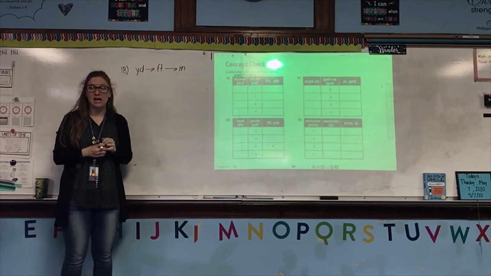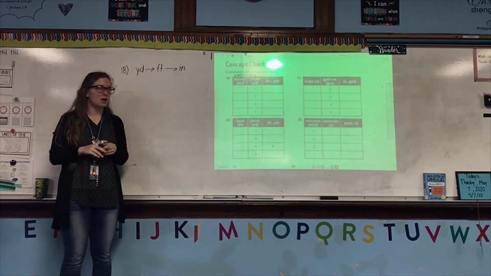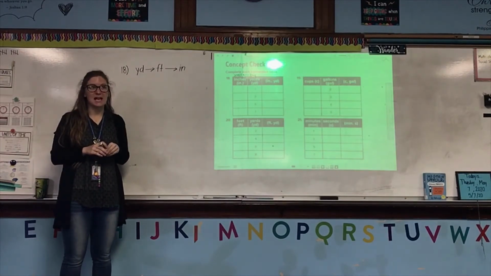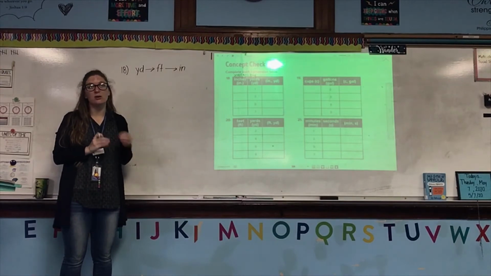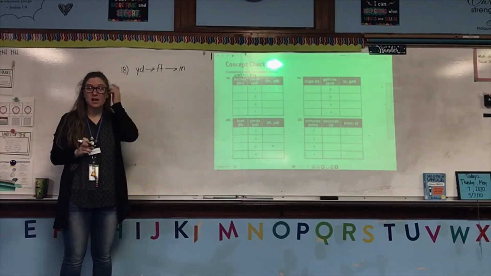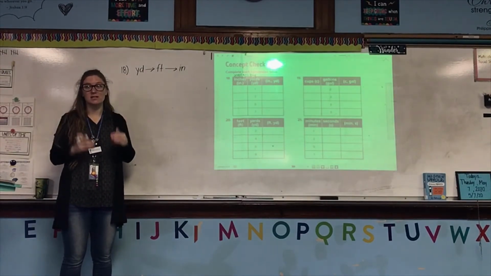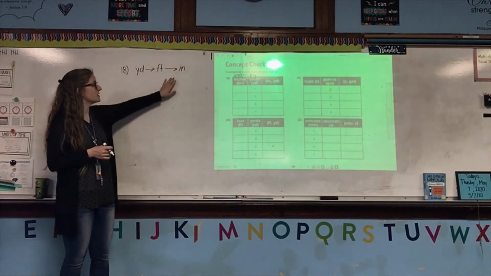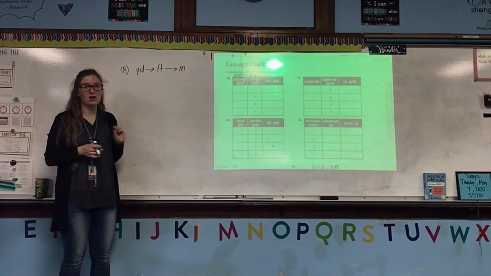The only time that you don't have to go between is if you're trying to say the number of days in a year. You don't have to go to weeks and months first because our conversion chart tells us that there are 365 days in a year. Our conversion chart does not tell us how many inches are in a yard.